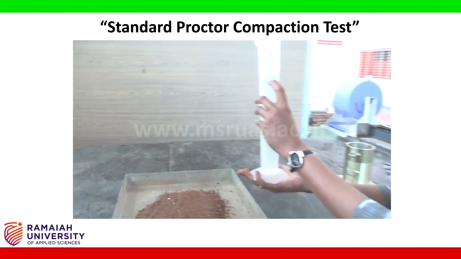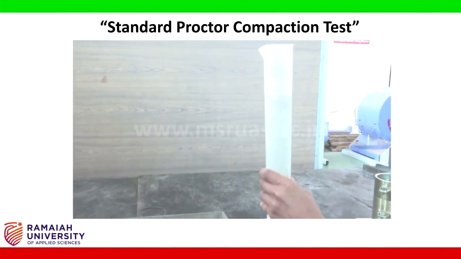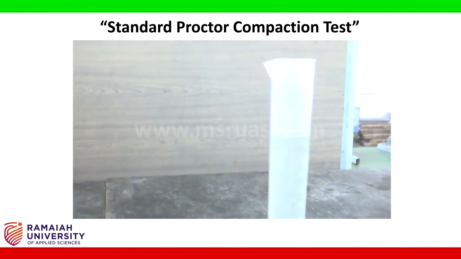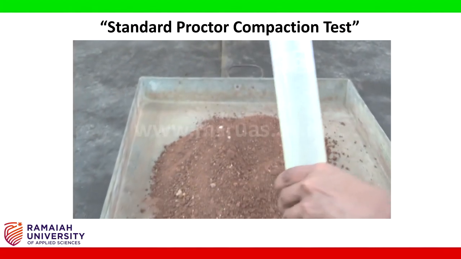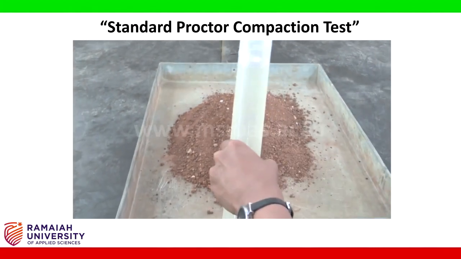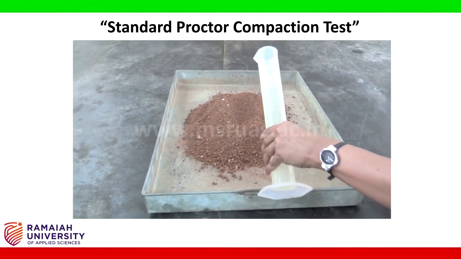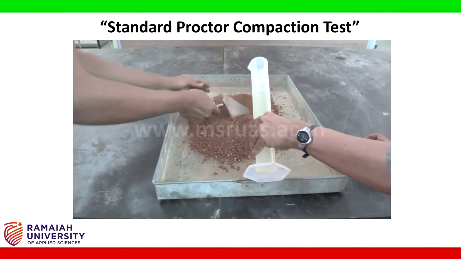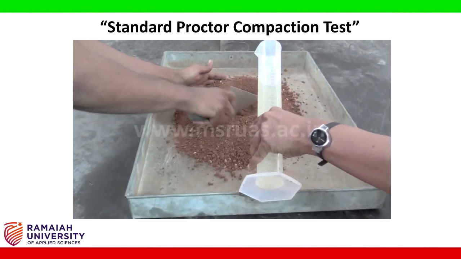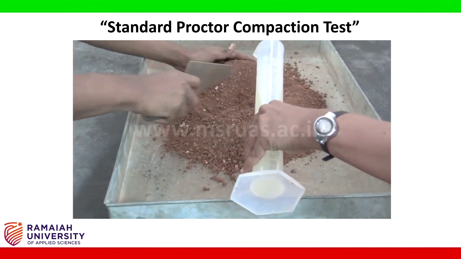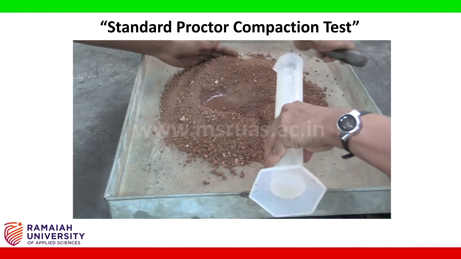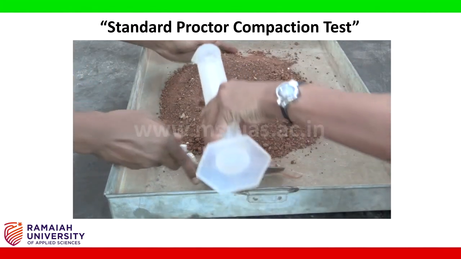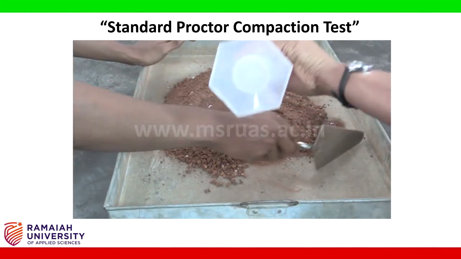So we have measured around 240 milliliters of water in this measuring jar and we are going to mix it. Slowly add water and mix it thoroughly.